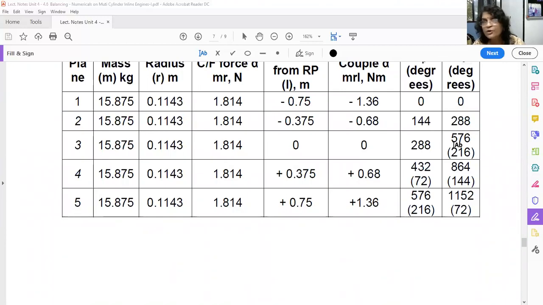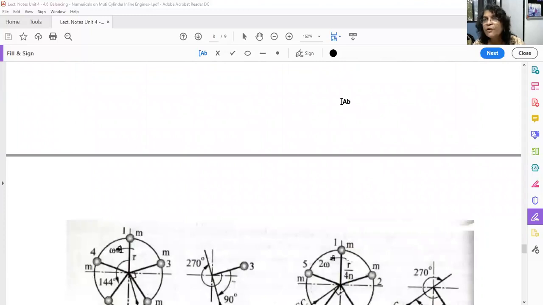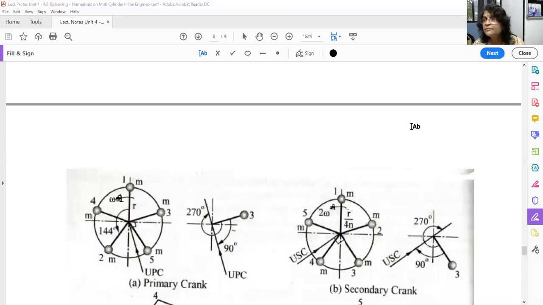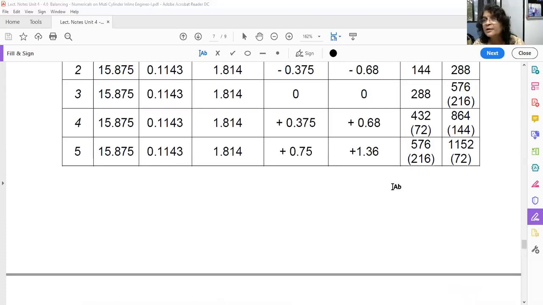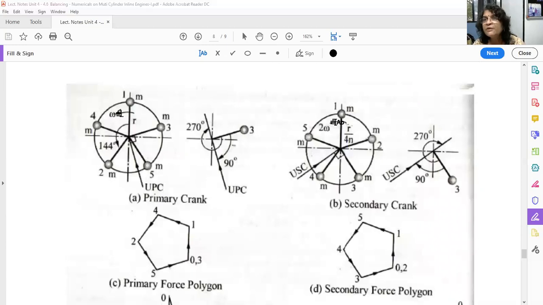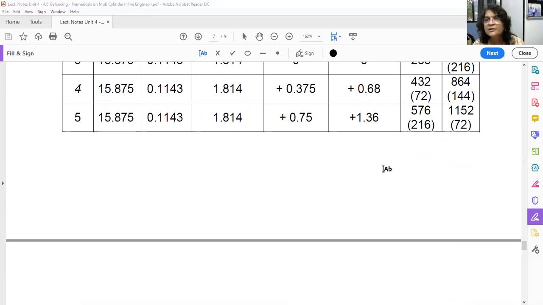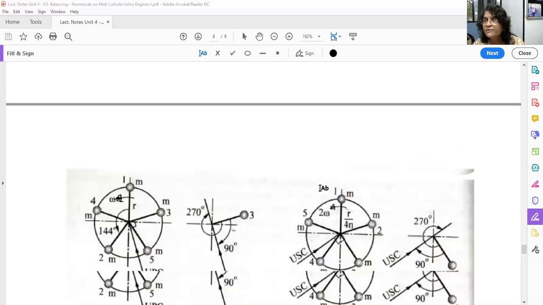So from 1 you have to draw cylinder number 3 at 216 degree angle. Then 4, 144 degree. So from 1 it is 144 degree. Here it is 4. And for 5 it is 72 degree. So from 1 to 5, 72 degree.